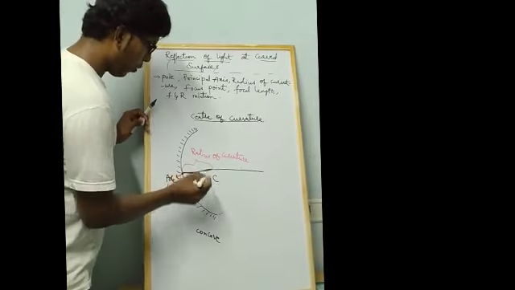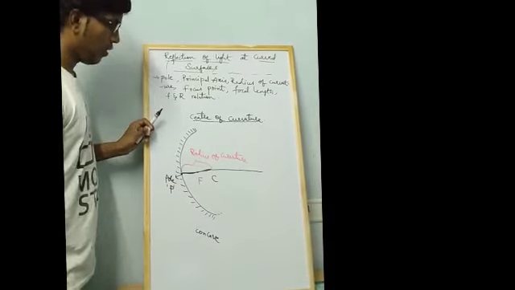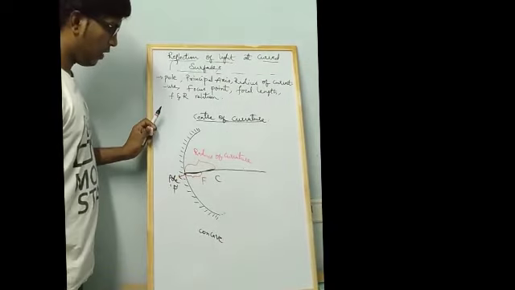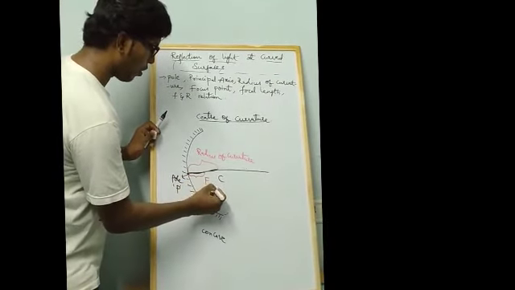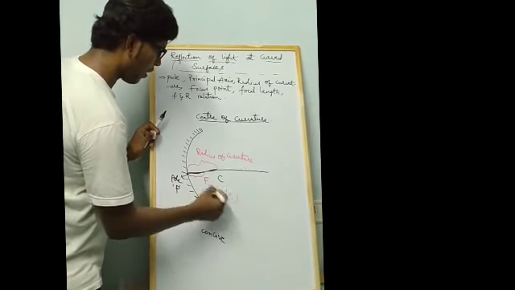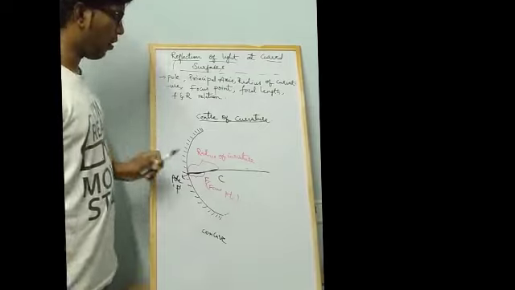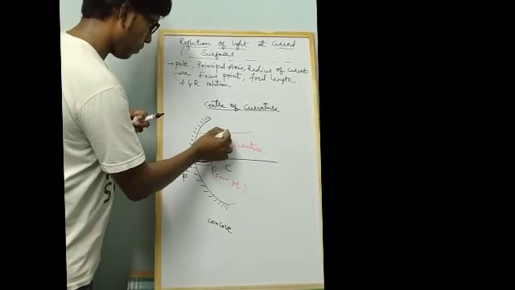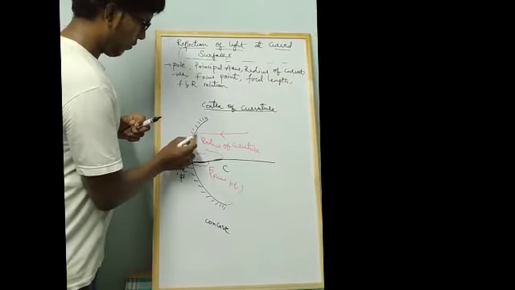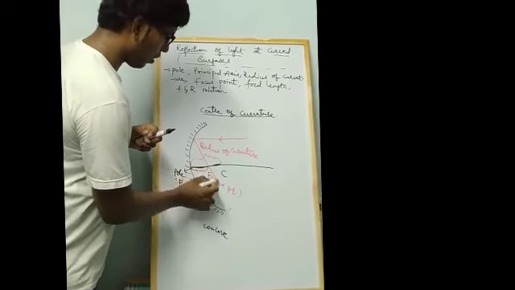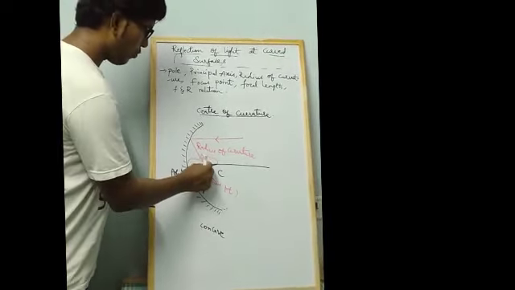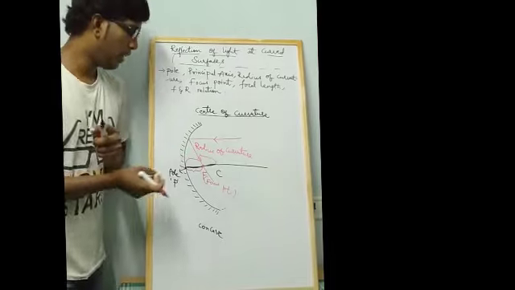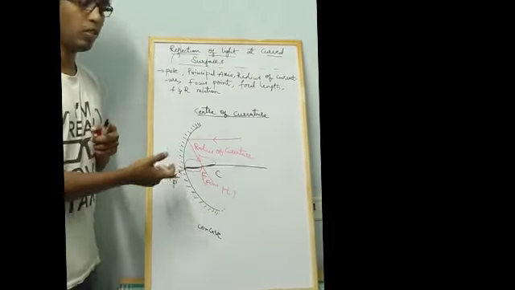Focus is the point where, when light rays pass parallel to the principal axis and strike the mirror, they pass through the focus. This is the point where we get a sharp image. Sharp image is nothing but a clear image.